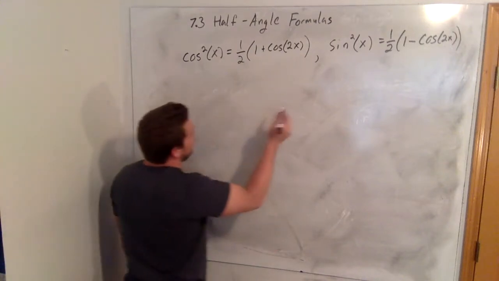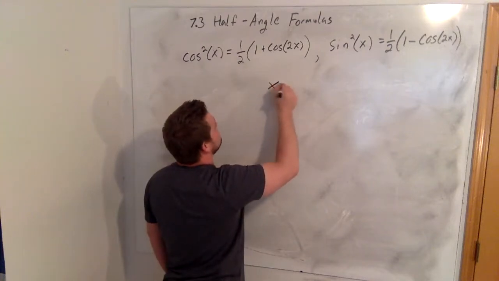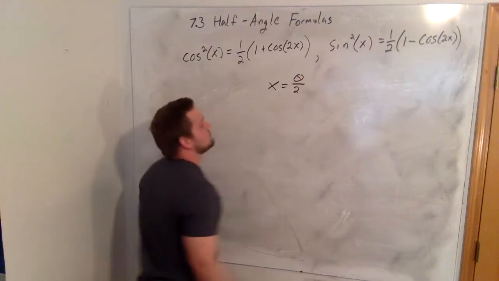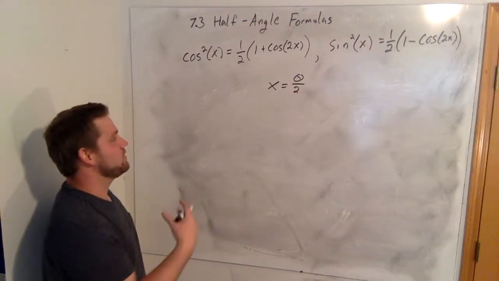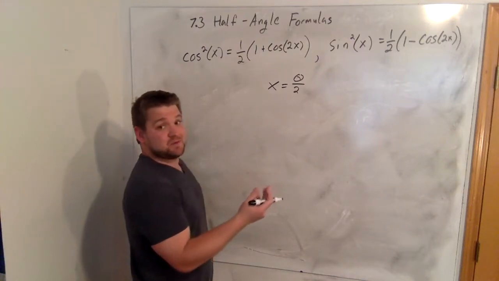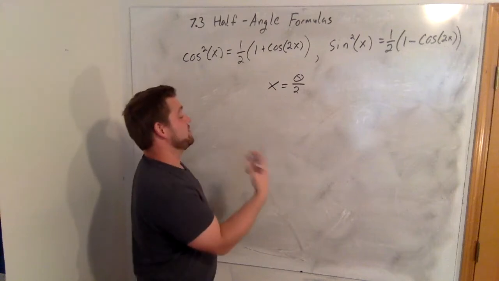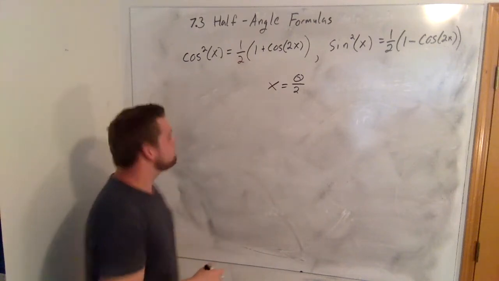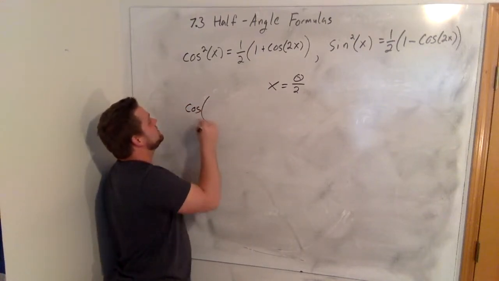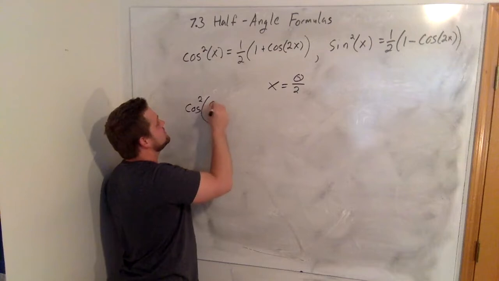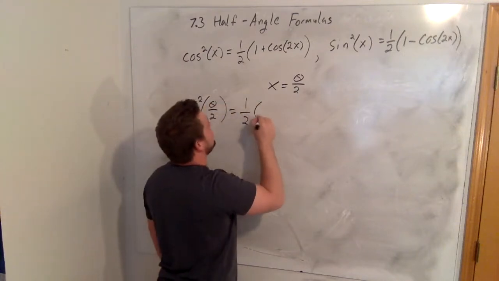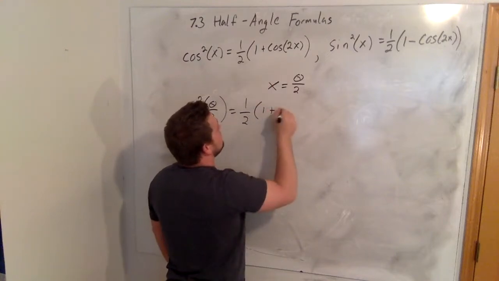Let's let x be the same thing as some angle divided by 2. So we're replacing x with theta over 2. Whatever theta is, you would just divide it by 2 and you get x. Or whatever theta is, it's 2 times x. If we make this replacement, we get that cosine squared of theta over 2 is equal to 1/2 times 1 plus cosine.